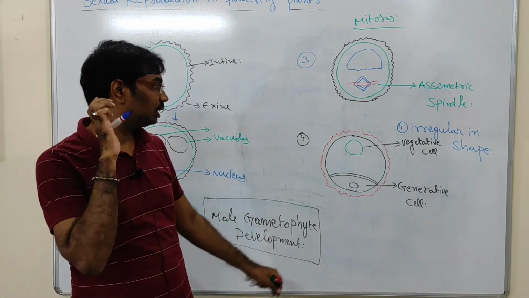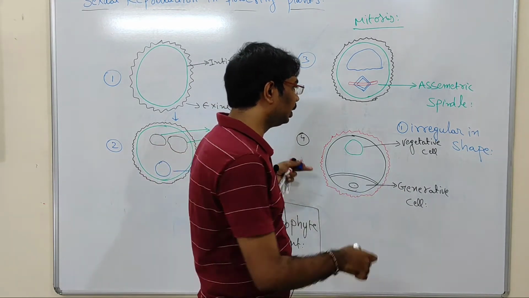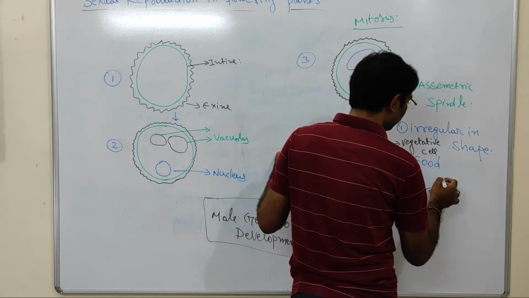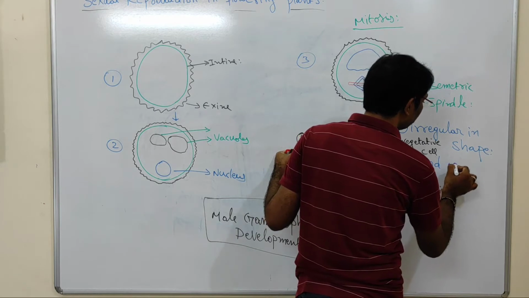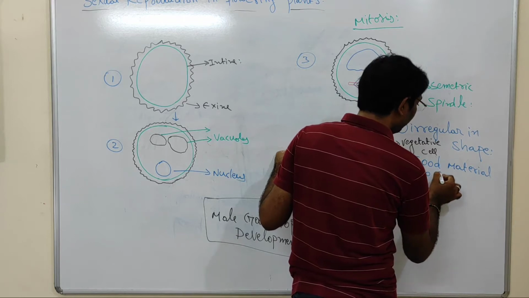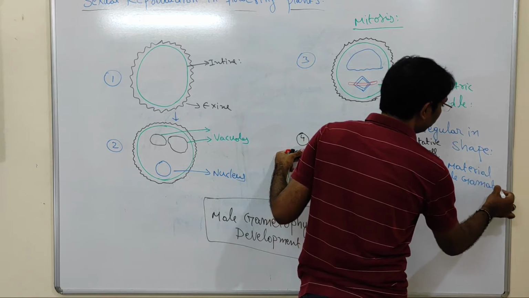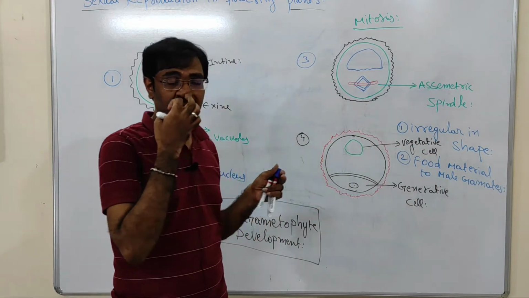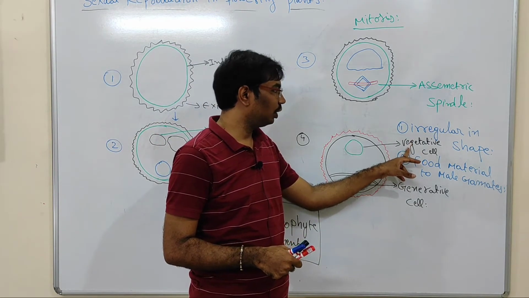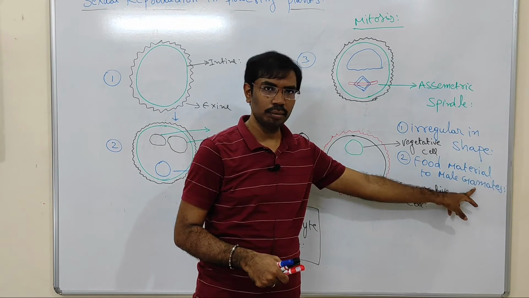The vegetative cell is irregular in shape. It provides food material to the developing pollen grain, to the male gametes. This is the significance of the vegetative cell. The vegetative cell is a large cell and it is irregular in shape, and it provides food material for the male gametes.